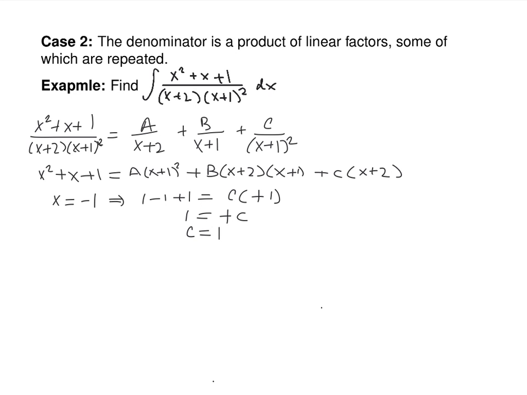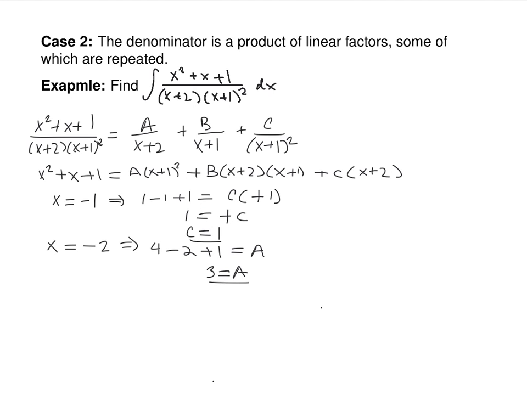Easy enough. And you think, okay, well, I'm in business. Now I can plug in -2. When I input -2, I get 4 minus 2 plus 1 equals, well, -2 plus 1 is -1. Squared makes 1, so that's just a. And the other terms go away, so that gives us 3 equals a. And you're so happy because you found a and you found c. All you gotta do is find b now.